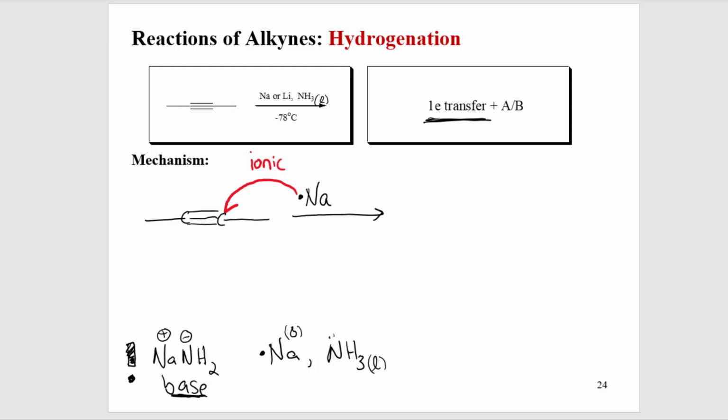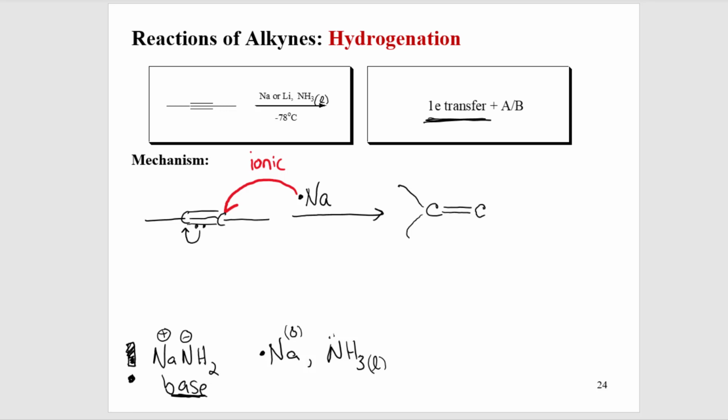Well, in order for the carbon to accept this one electron, it has to break one of its pi bonds. So I'm going to move one of the pi bonds over into the carbon next door, just to make room. What this does is now I only have 2 bonds between the carbons, okay?